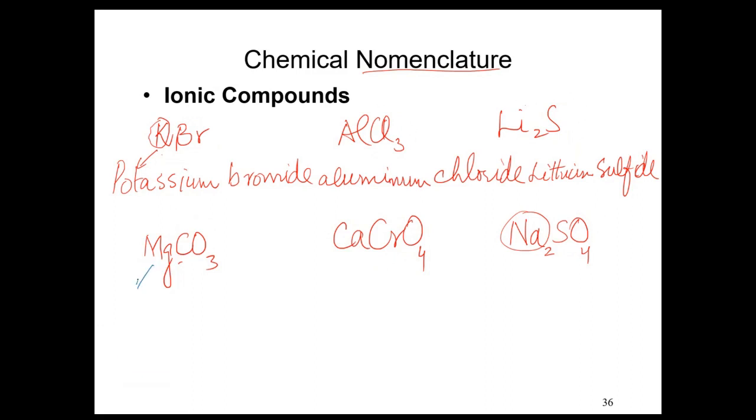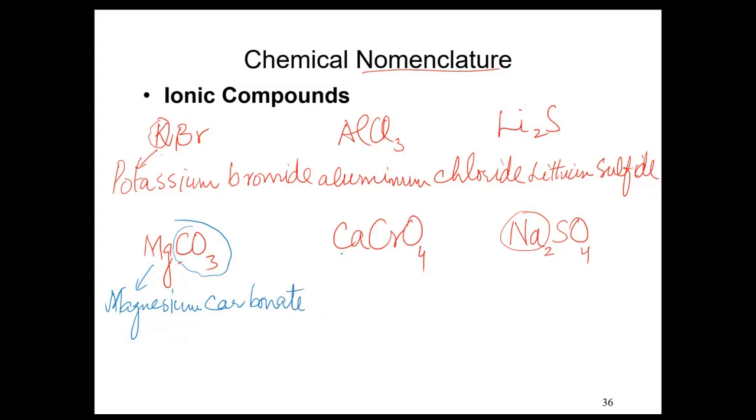Okay, you will write the name of first group, first element, that is magnesium. Now next, all these have some special name. How will you find? From the list of ions. CO3, its name is carbonate, so it is magnesium carbonate.